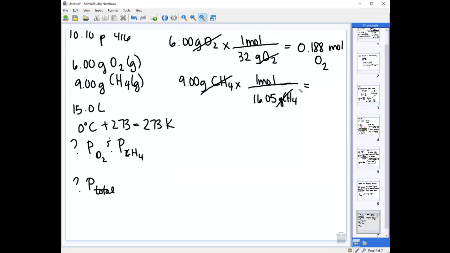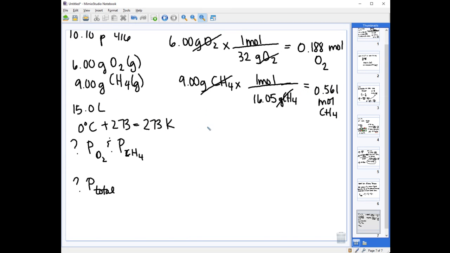And when I divide 9 by 16.05, I get 0.561 mole of CH4. So now I've got moles. Now I have moles, liters, and Kelvin, and I can solve for pressure.